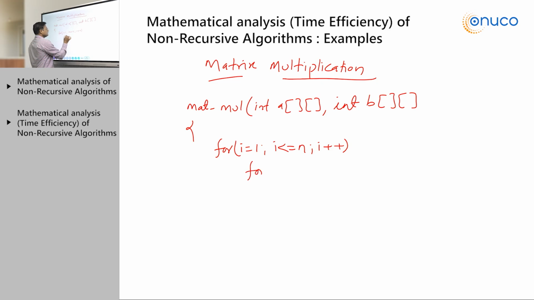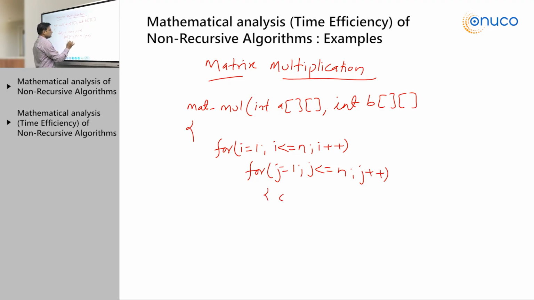So we can write for j is equal to 1, j less than equal to n, and j plus plus. Remember that if the order of the matrix is 3 by 3 or 2 by 2, then number of rows and number of columns are the same. Otherwise, you can write the row number here and the column number here and proceed.